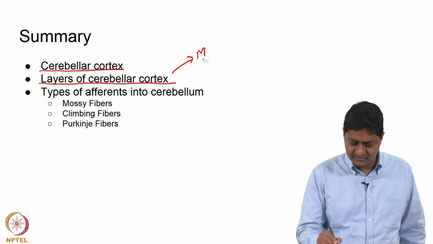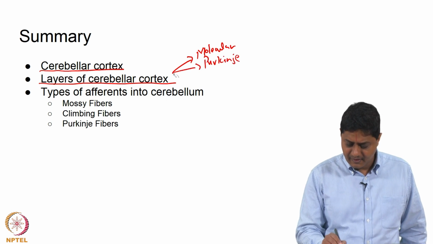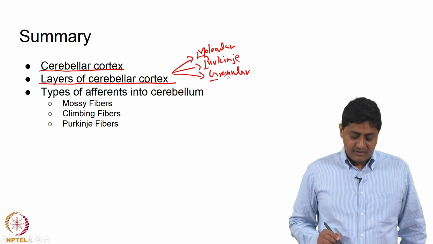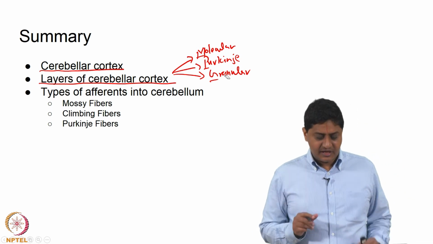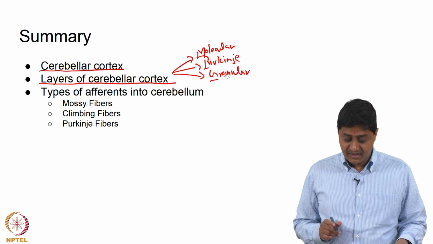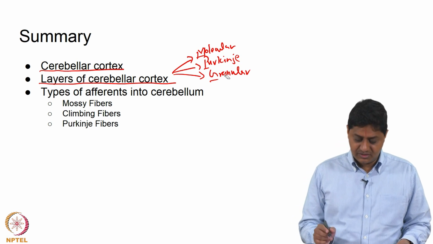So, we discussed the cerebellar cortex and its 3 layers. What are these? Molecular, Purkinje, and granular. This is the new MPG, right. Molecular, Purkinje, and granular cell layers are the 3 layers of the cerebellar cortex. And then we said there are different types of inputs into the cerebellum.